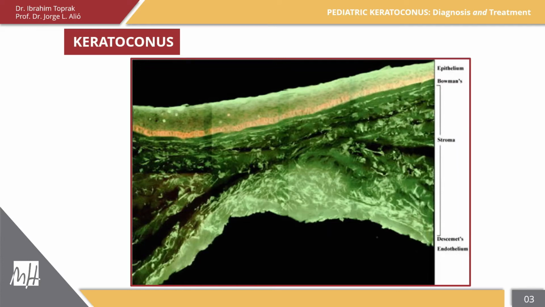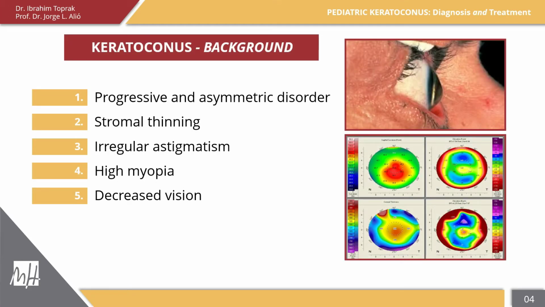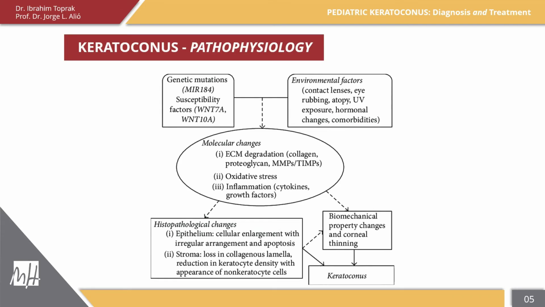This pathological section is important for showing the nature of keratoconus. Keratoconus is a progressive and asymmetric disorder with stromal thinning, irregular astigmatism, high myopia, and decreased vision. In pathogenesis of keratoconus, genetic mutations and environmental factors such as eye rubbing and atopy play an important role.